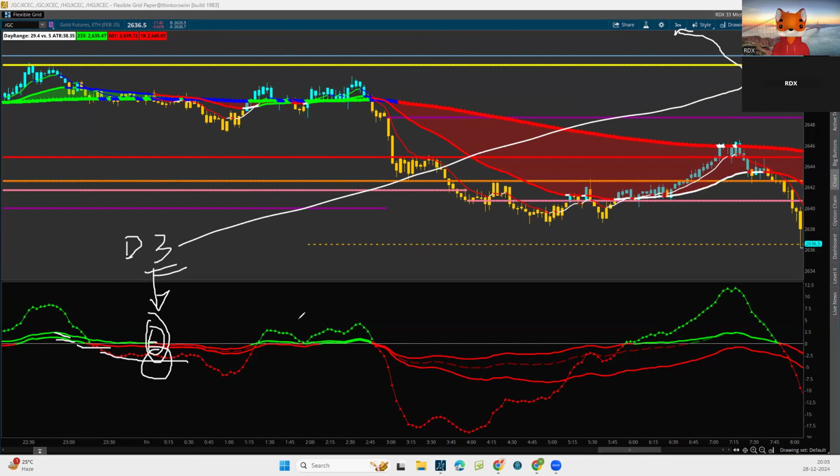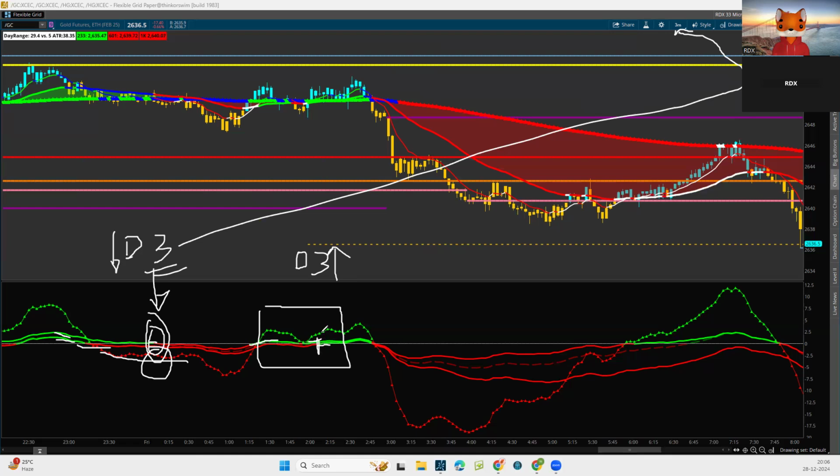So at the same time, now you can kind of follow what I'm trying to do here. You can see that this is a double 3 here as well. In this case, it was a double 3 short. This will be a double 3 long, where the first wave was already green, tried to go red, but then remained green, and this wave became green.